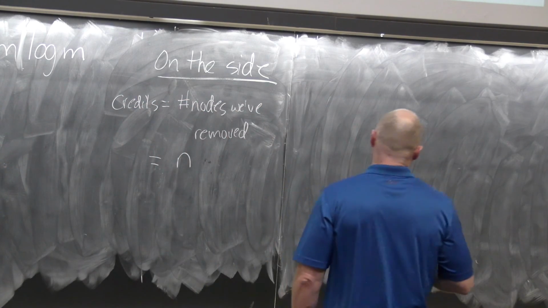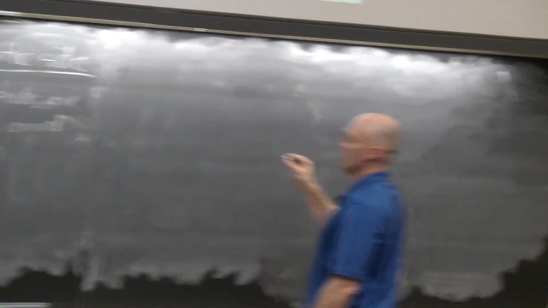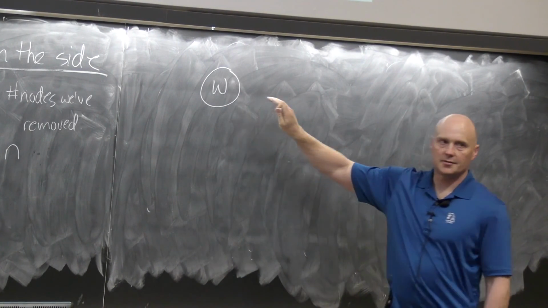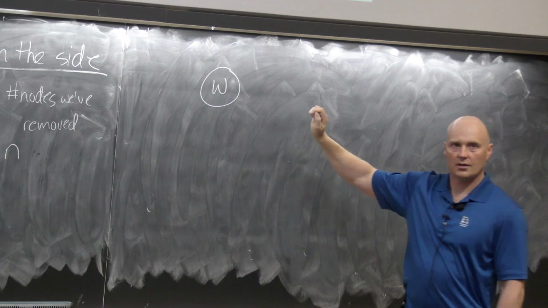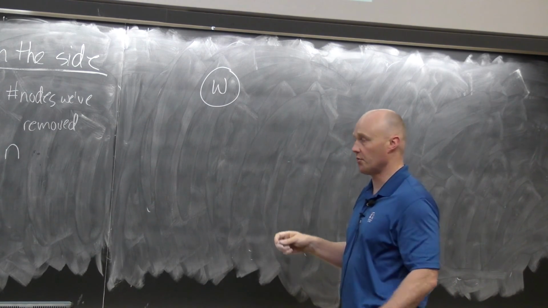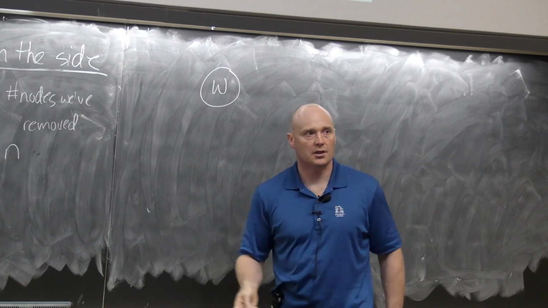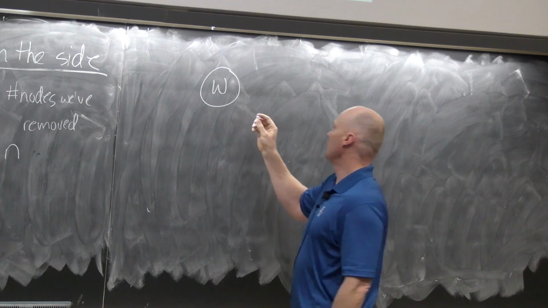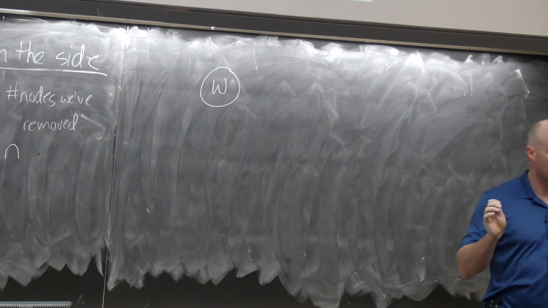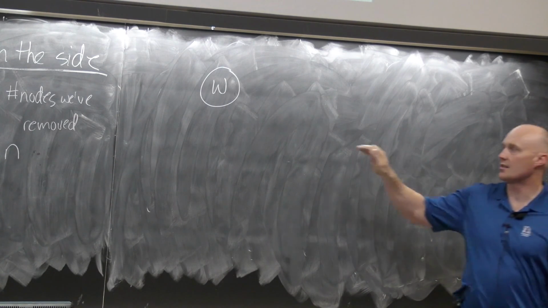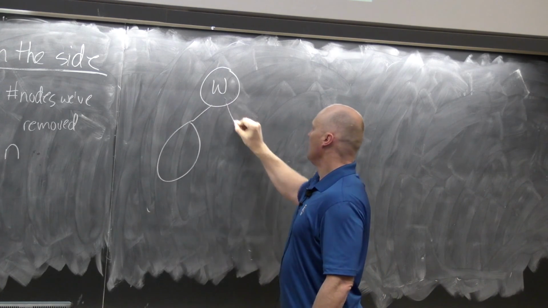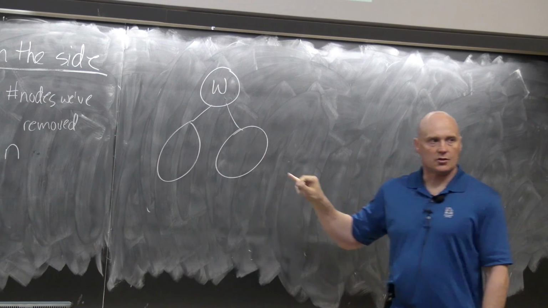So if we have some subtree and the scapegoat is W, well, the last time that we rebuilt the tree, or when we added W, the sizes of W's left and right child are within one of each other. Because if we rebuilt it, we've chosen the median as W, so the size of the left child and the size of the right child differ by at most 1.